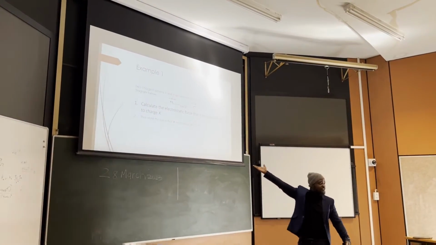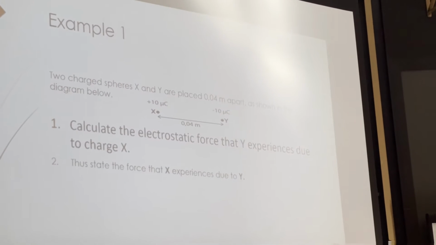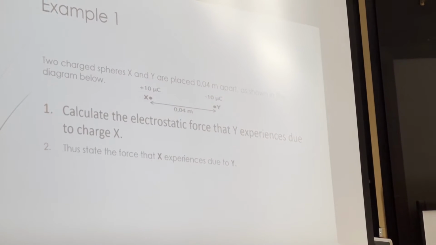Anyway, the question did come: state the force that X experiences due to Y. So it's in the opposite direction. Remember Newton's third law. What does it say? If object A applies a force on object B, object B applies the same amount of force, but in the opposite direction.